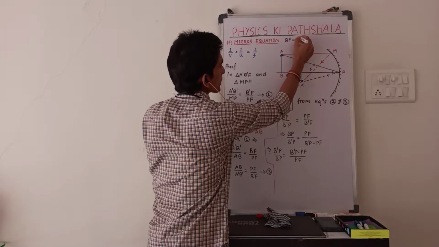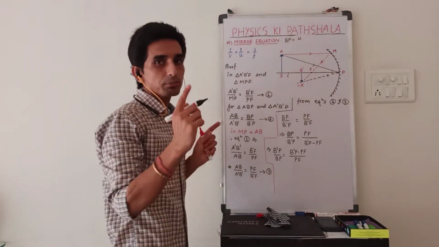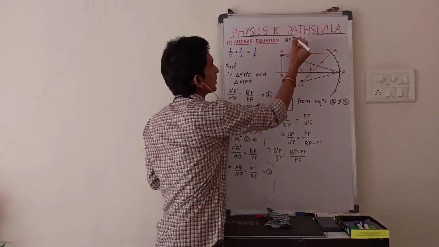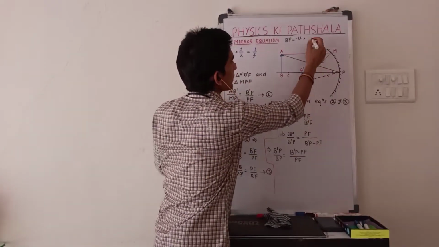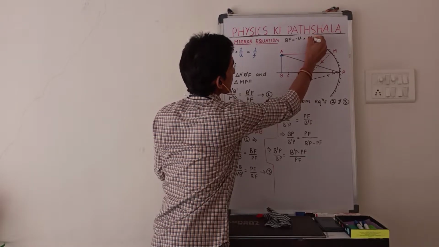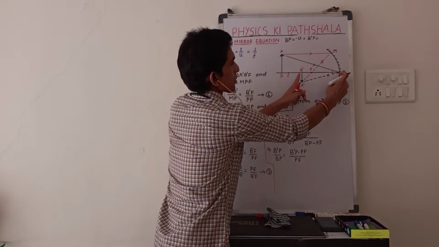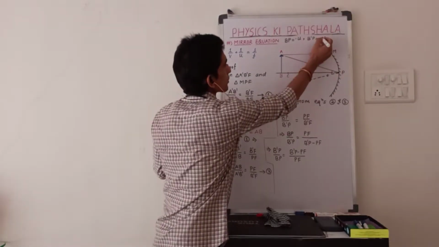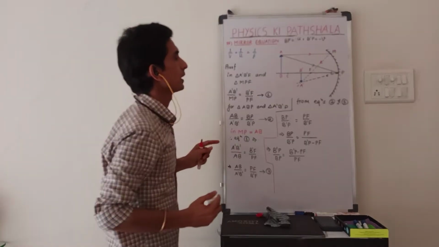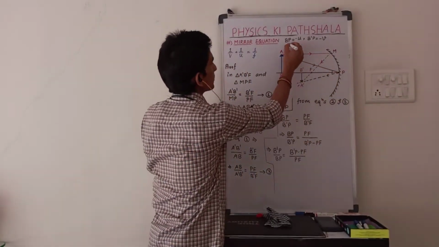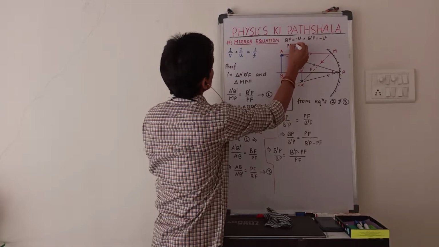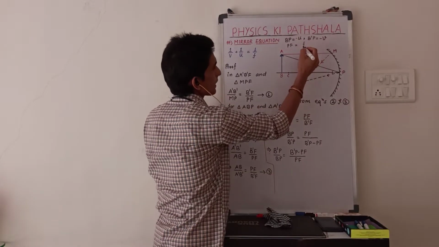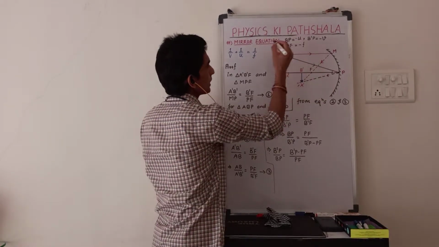So the distance of the object is denoted by U, and since the object is on the left hand side of the mirror, it will be minus U. Likewise, B prime P is the distance of the image, so this will be V, and since it is on the left hand side, it will be minus V. And now PF is the distance of the focus, so it will be the focal length, and since it is on the left hand side, once again it will be negative.